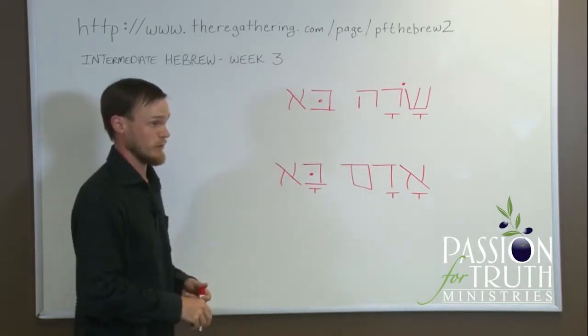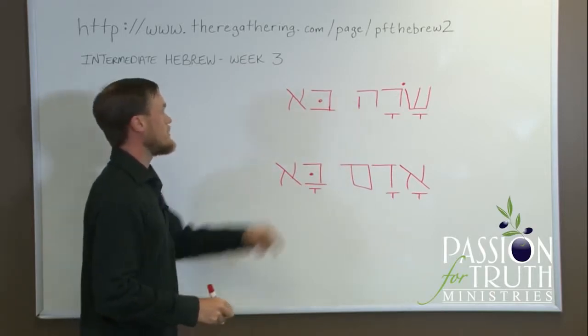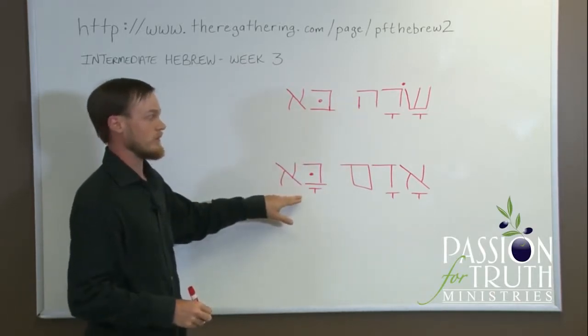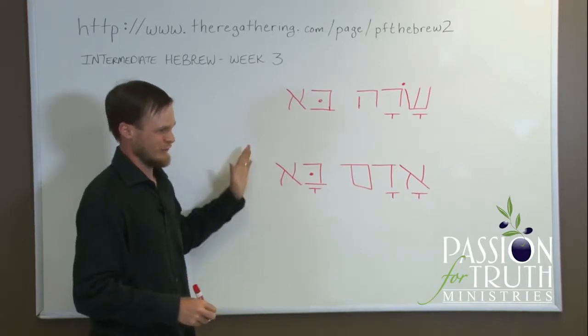We have to use a feminine verb. Okay? To make ba feminine, now this does not apply to all verbs, it applies to this verb.